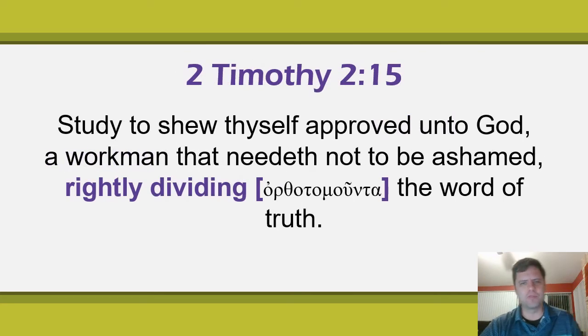Perhaps an even more famous one is in 2 Timothy 2:15, where it says, "Study to show yourself approved unto God, a workman that needeth not to be ashamed, rightly dividing the word of truth." There, orthotomounta comes from the Greek word orthotomeo, which means ortho, meaning right or straight, and temno, meaning to cut. So rightly cutting, rightly dividing.